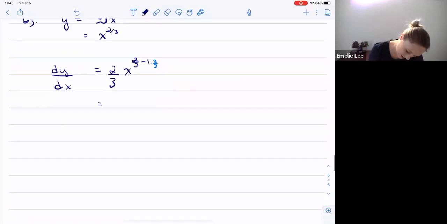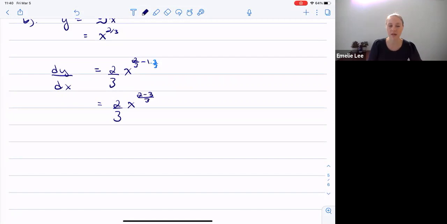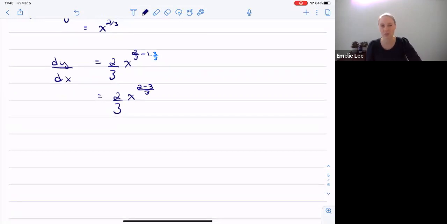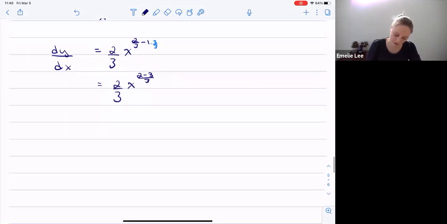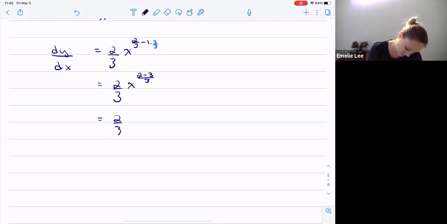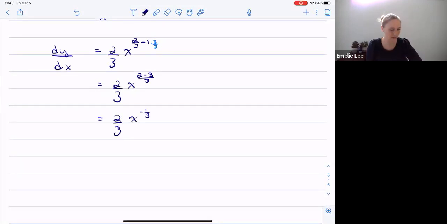So then I get 2 over 3 times x to the 2 minus 3 over 3. You can skip that step if you wanted to go straight to negative 1 over 3, but I just want to show it, because it has been a while since we have dealt with fractions. So 2/3 x to the -1/3.